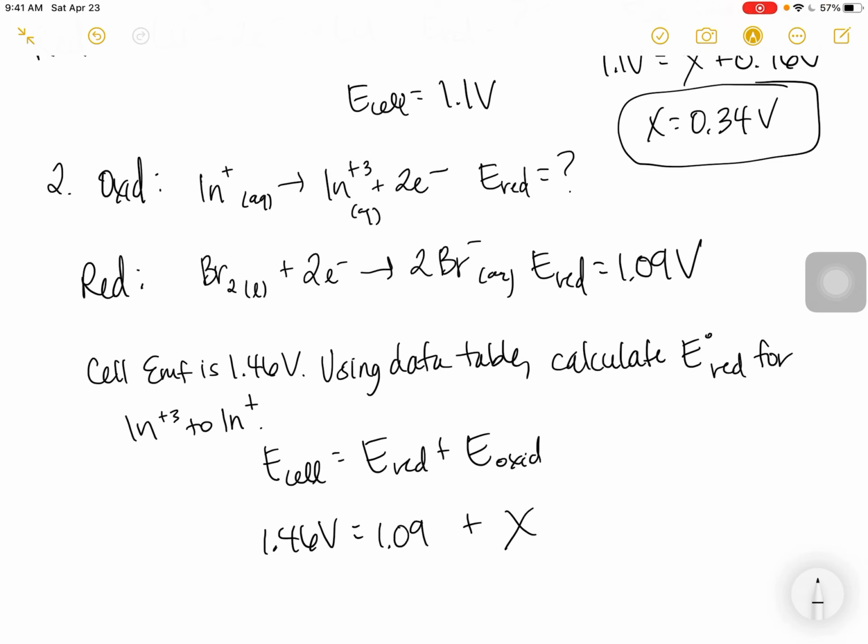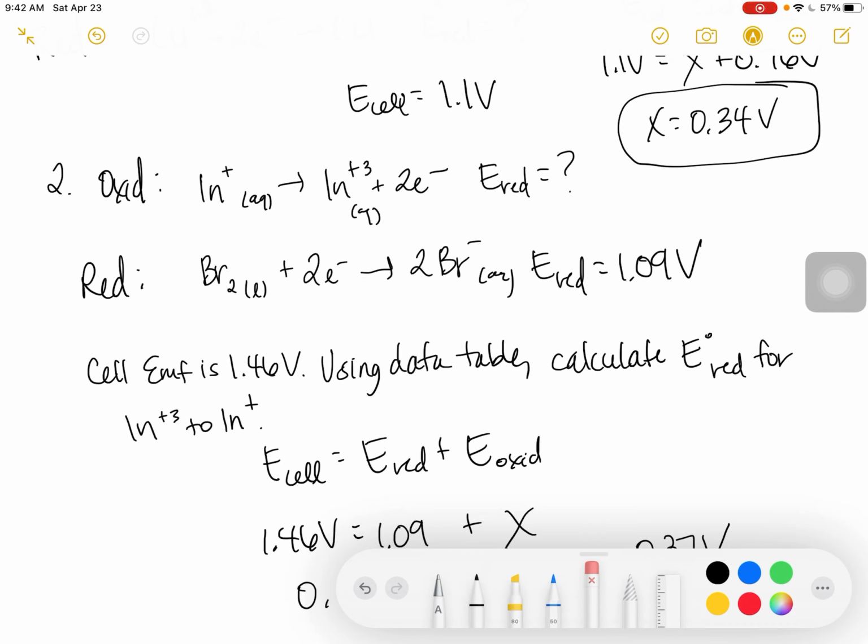Solve for X, take 1.09 to the other side. We end up with 0.37 volts equal to X, which is the, careful again, the reduction potential of that reaction.